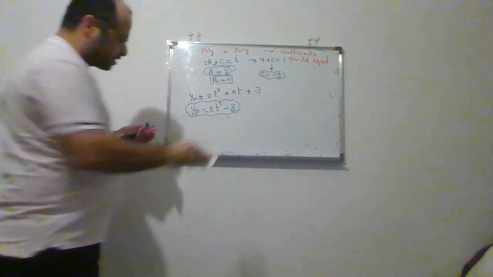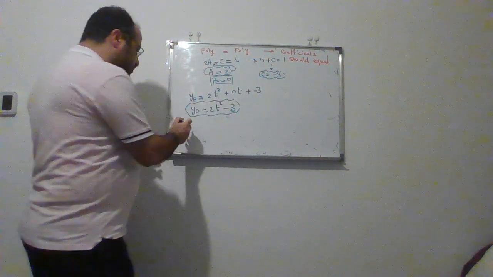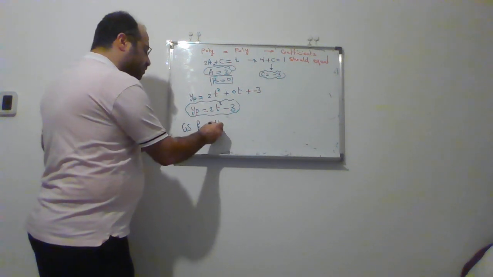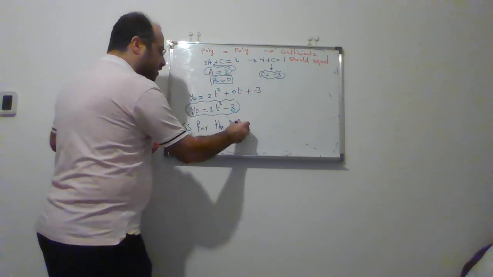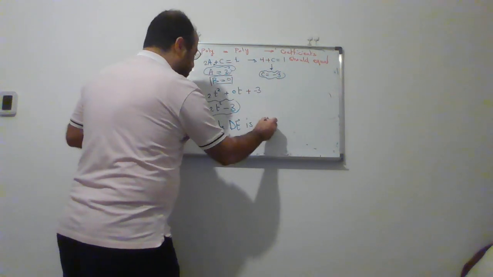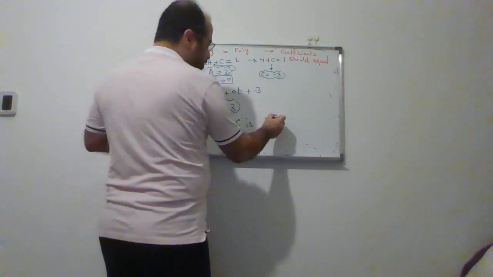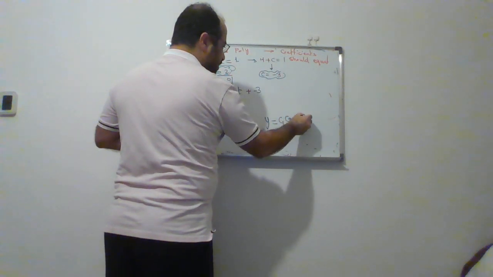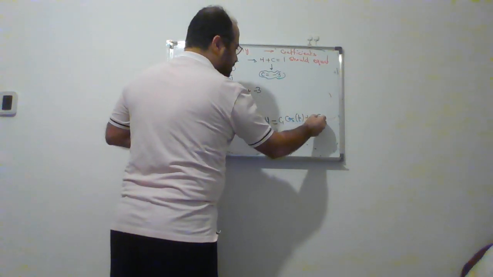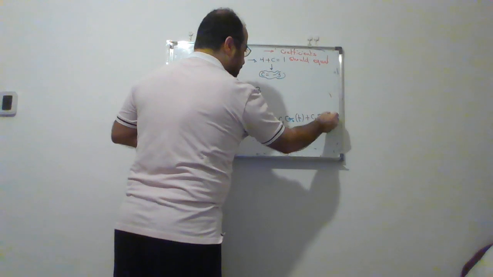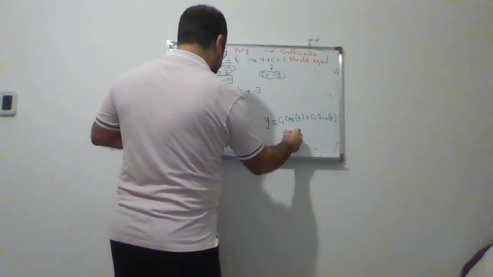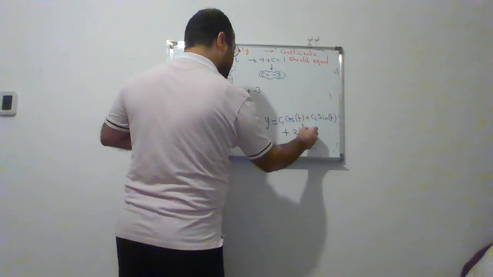We just need to write the general solution for the differential equation: y equals, you start with the homogeneous, c1 cosine t plus c2 sine t, plus the y particular, 2t squared minus 3.